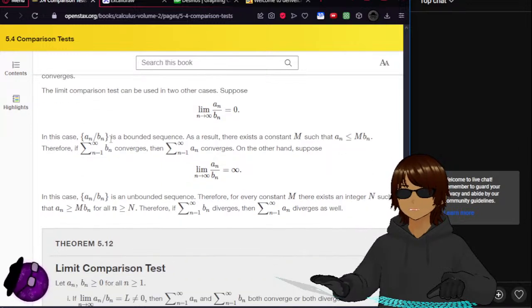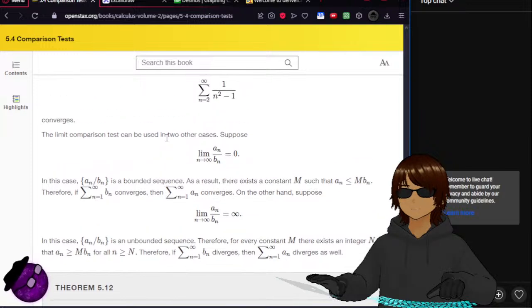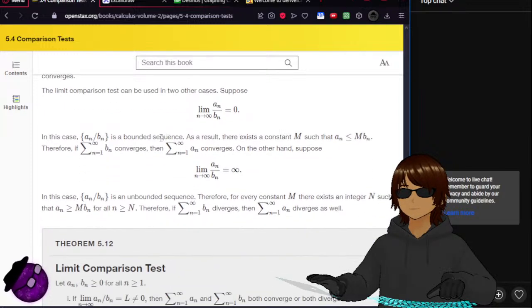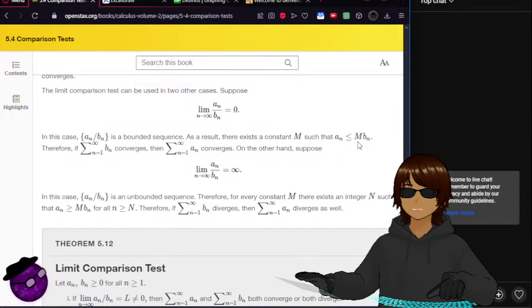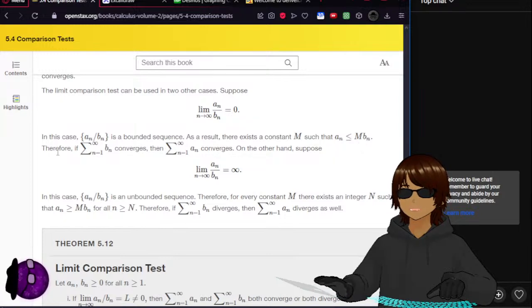In this case, an over bn is a bounded sequence. As a result, there exists a constant M such that an is less than M times bn. Therefore, if bn converges, then an converges.